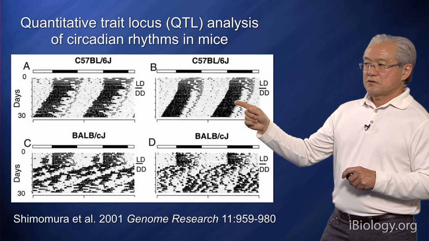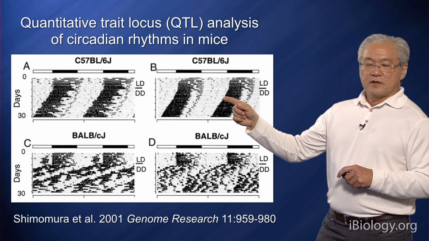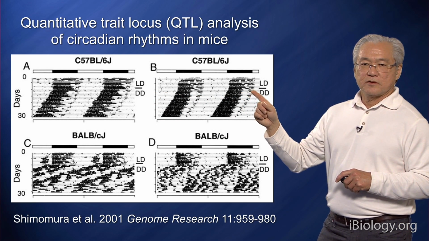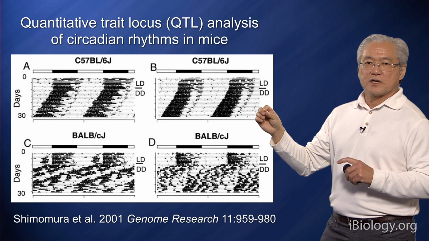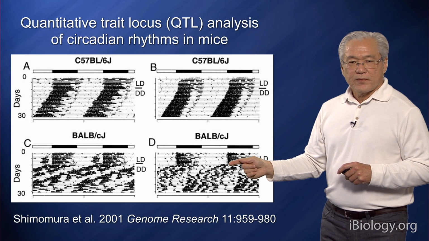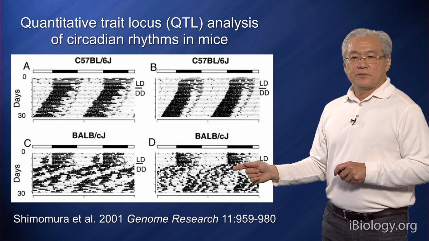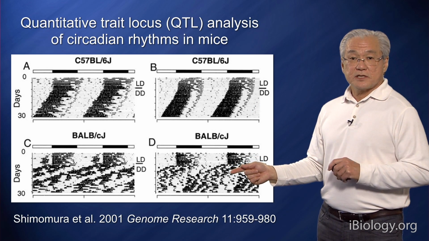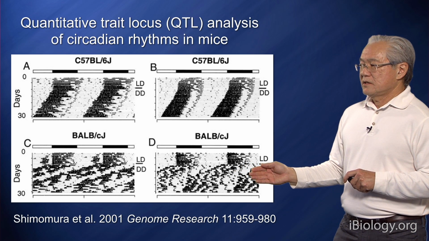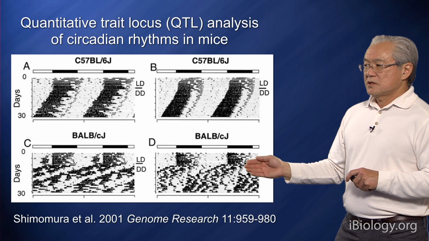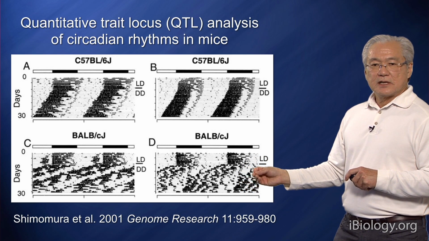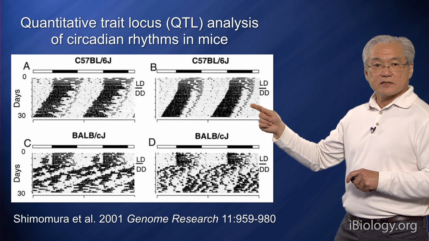Two records are shown here for you, a record from a female on the left and a male mouse on the right. Both of them have very precise, robust rhythms that you can just see visually. And then on the bottom are two records from another inbred strain called Balb-C. And this mouse is very commonly used in the laboratory, but as you can see, its circadian behavior is not so clear-cut as Black 6.